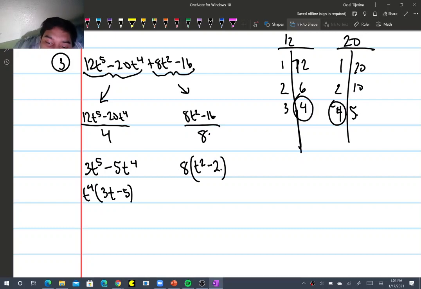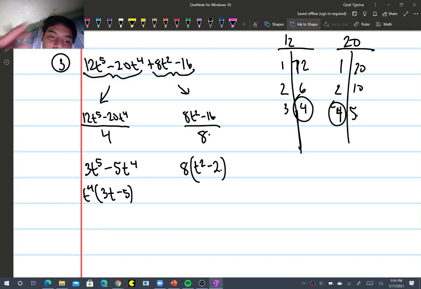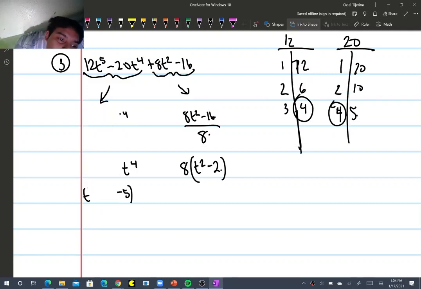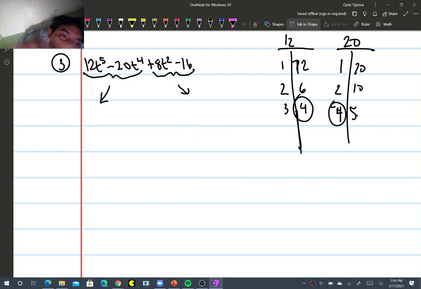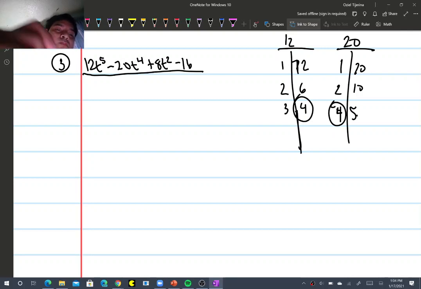Okay, so this one, if you just divide by 4, because you can't really factor this otherwise.